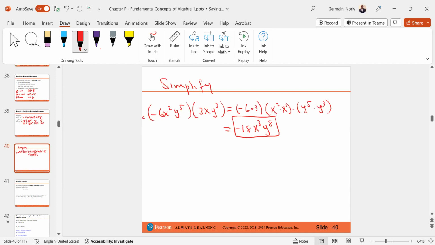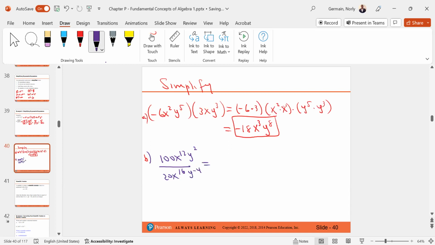Now, that's one example, but what if you have a second example where it says 100x to the 12 power y to the power 2, over 20x to the 16 y to the power negative 4?